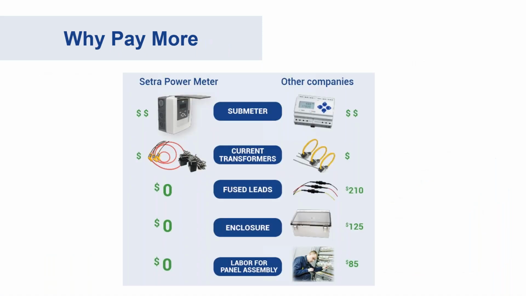So why pay more? If you look at other meters and other companies, these are all the elements of components that you have to have installed. Maybe you found a comparative meter and comparative current transformers, but we have fuses built into the Setra meter, so you can save on that cost. We have a built-in UL enclosure, which is the back part of the assembly of the meter, so you save that cost.